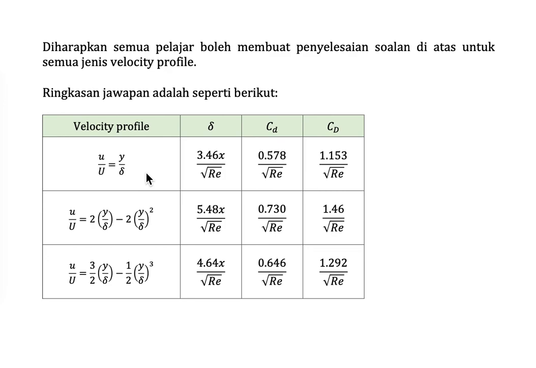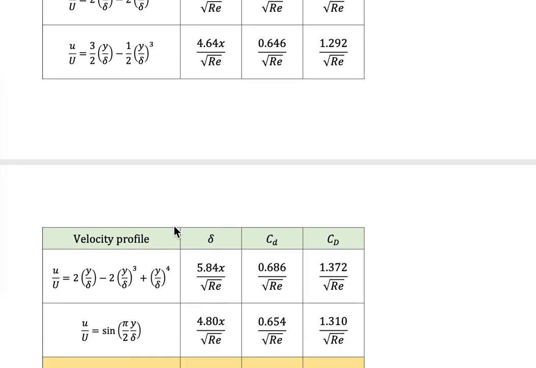What I showed you previously is the calculation of delta and C D for the parabolic profile, meaning u over U equals 2y over delta minus y over delta squared. And the answers are 5.48x over square root of Reynolds number, 0.730 over square root of Reynolds number, and 1.46 over square root of Reynolds number. So I hope you could try at home to get the value of delta and C D for this and other types of velocity profile.